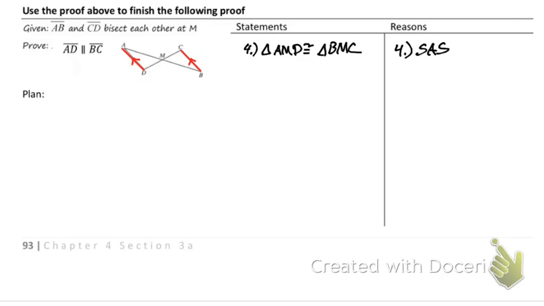Our plan is prove angle A is congruent to angle B, because then we can use that alternate interior converse. Once I use that converse, then I can say they're parallel.